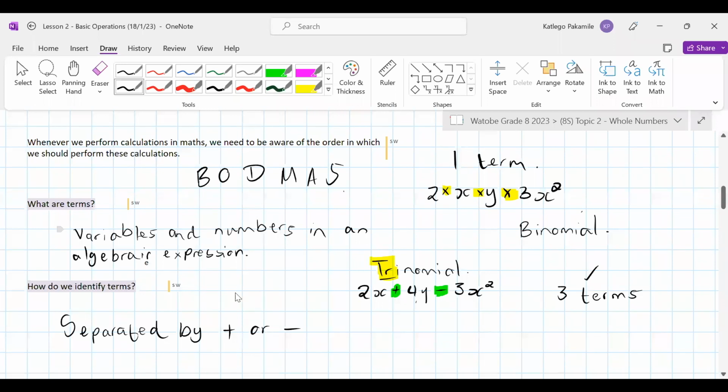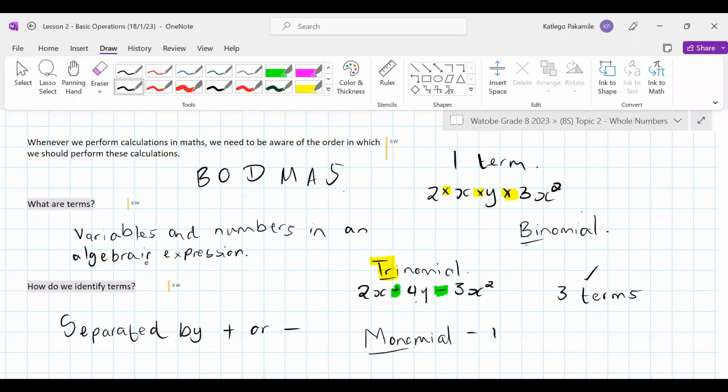So a binomial has 2. We're getting there. How many terms do you think a monomial has? Where else have you seen a mono? 1. You guys are doing so well.